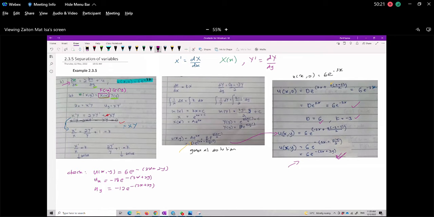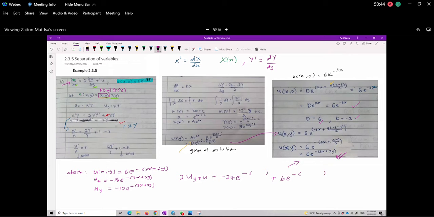If we take 2u_y plus u, what do we get? 2 times minus 24 e to the power of minus. That's 2u_y plus u, which is plus 6 e to the power of minus.